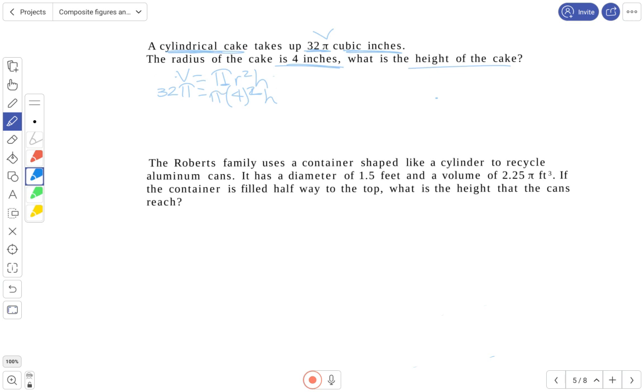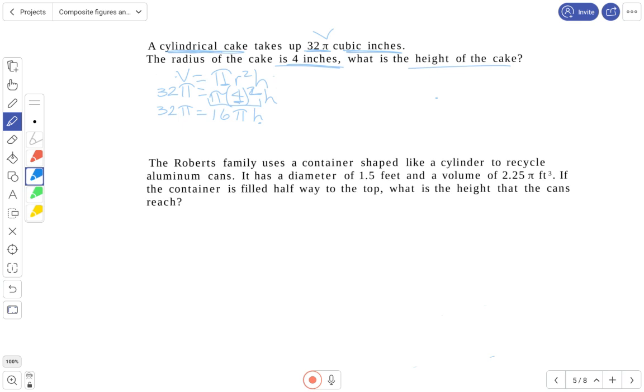Now I'm going to solve for h. You can do this two separate ways. You could divide by all of this in your calculator, or I like to simplify a little bit before I divide. 4 squared equals 16, so I have 16 pi times h. Now I want to get h alone.